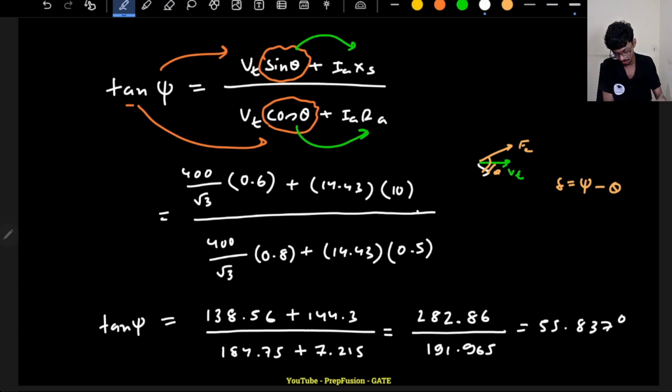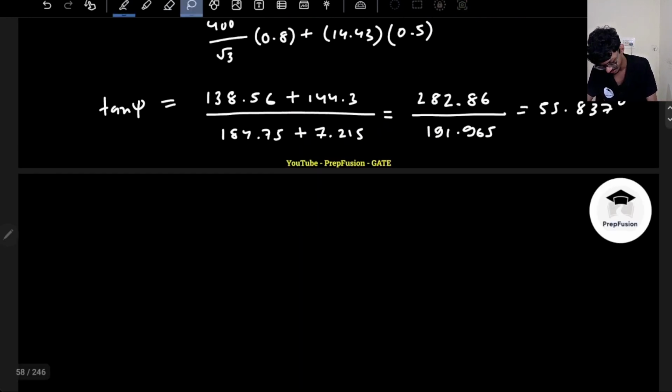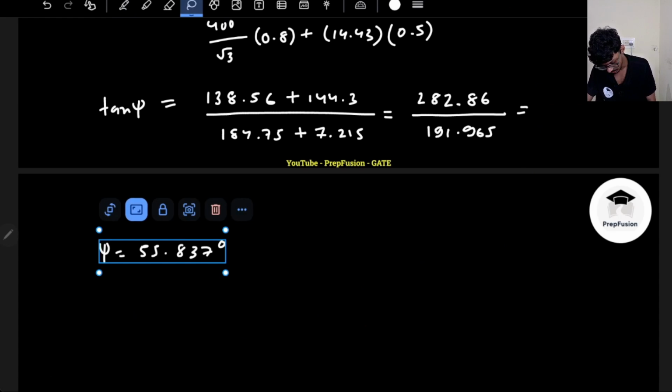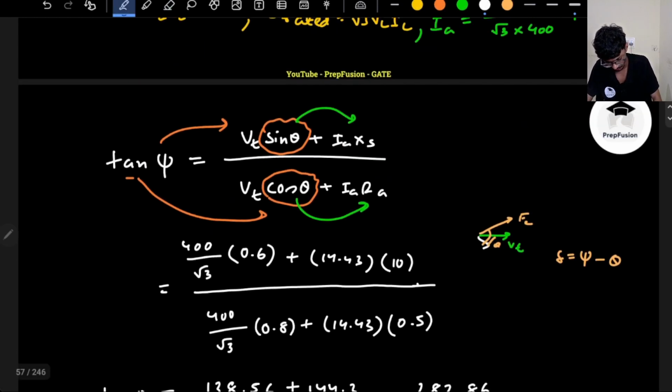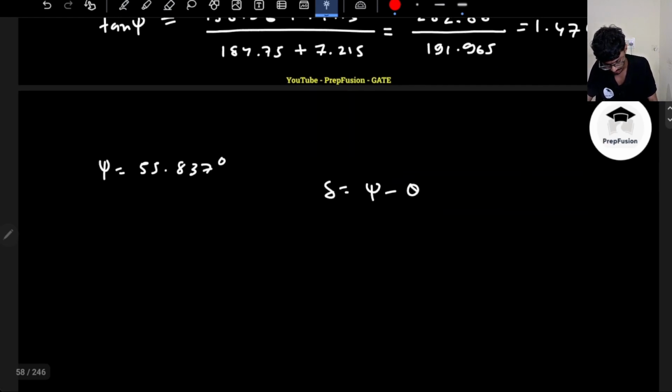almost 55.837 degrees. Sorry, this is actually the psi angle. So the psi angle is this, and tan psi is 1.474. Now what is my delta? Delta will be psi minus theta, as we have discussed.